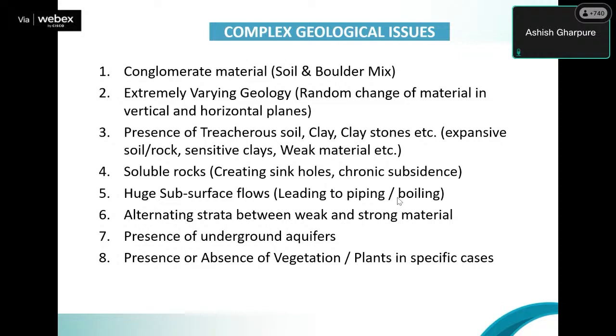Extremely varying geology. While you are trying to give one solution, vertically and horizontally there could be varying geology, and you may have to adopt multiple solutions within one cross section. Presence of treacherous soil, claystones, mudstones, shales, soluble rocks, which can later create a sinkhole or lead to chronic subsidence, phyllites, limestones, right?